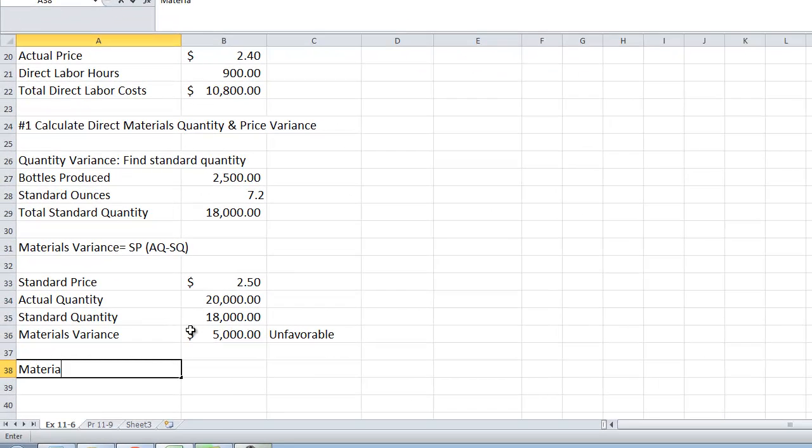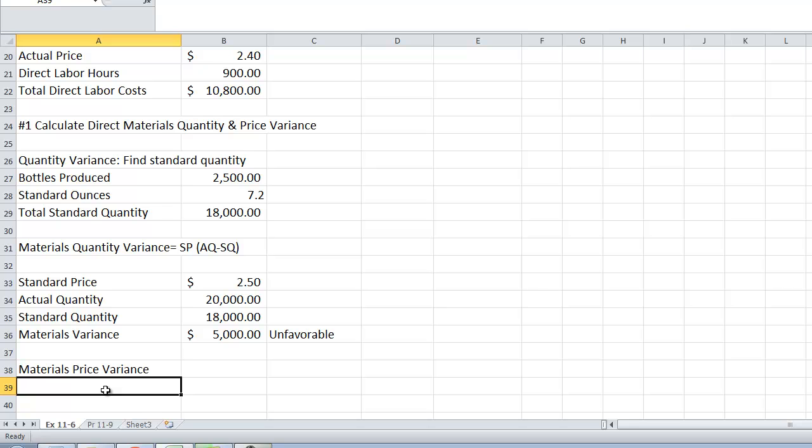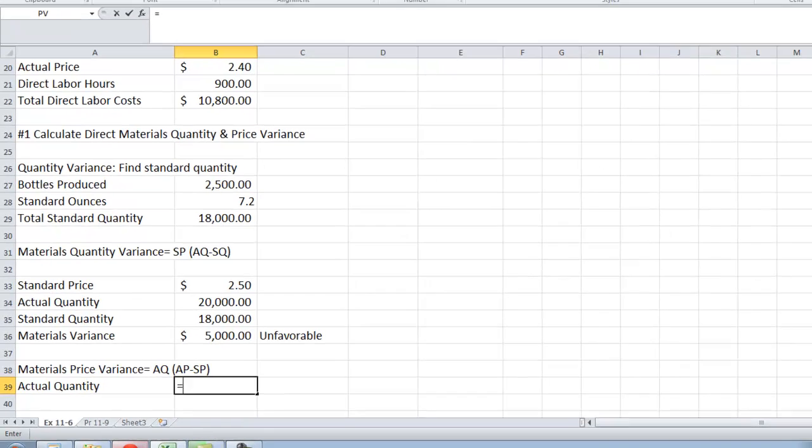Okay, to calculate the materials price variance, and this was quantity, we would take actual quantity times actual price minus standard price. So actual quantity was the 20,000.